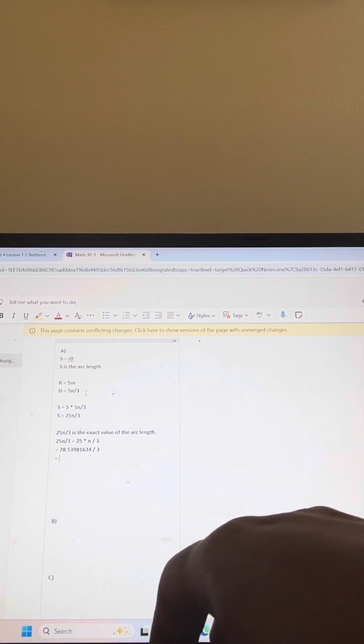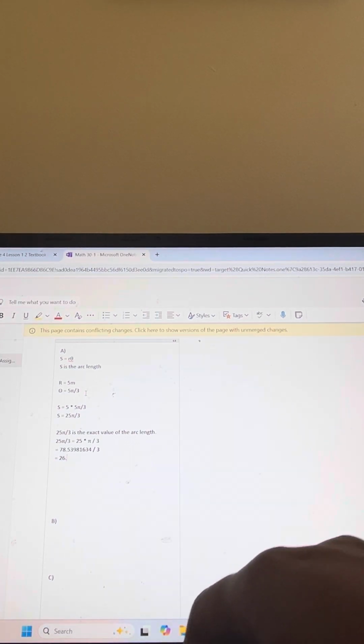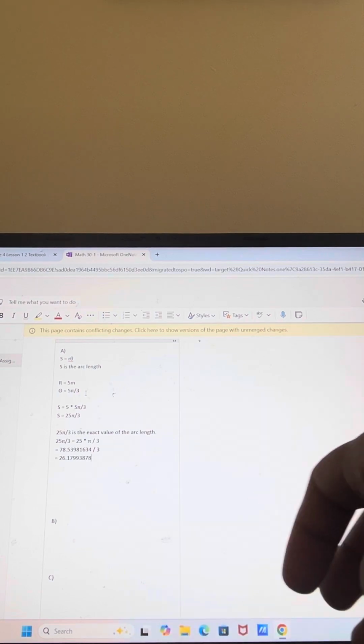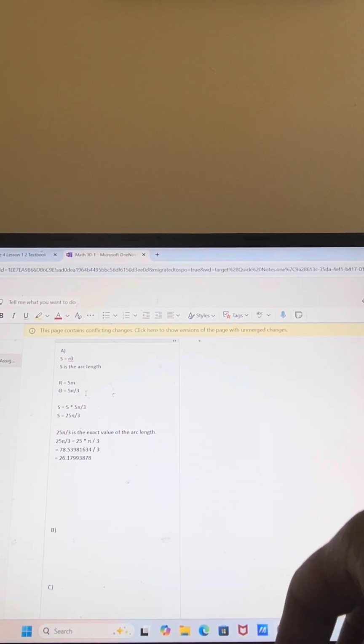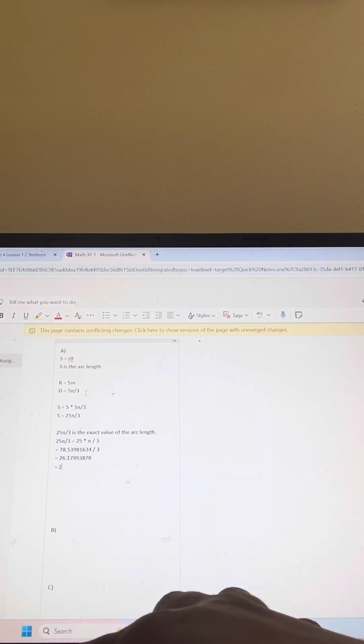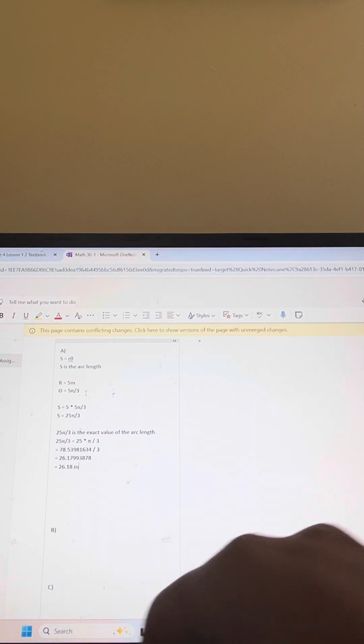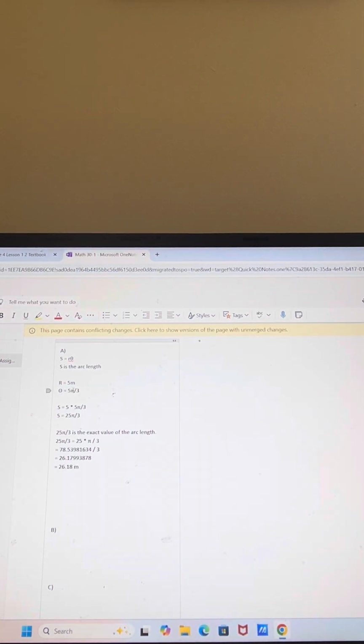And our final answer is going to look something like this: 26.17993878. And because they want us to round it to the nearest hundredth, we're going to express the answer as 26.18 meters. So these two are our answers here, and that's it for A.